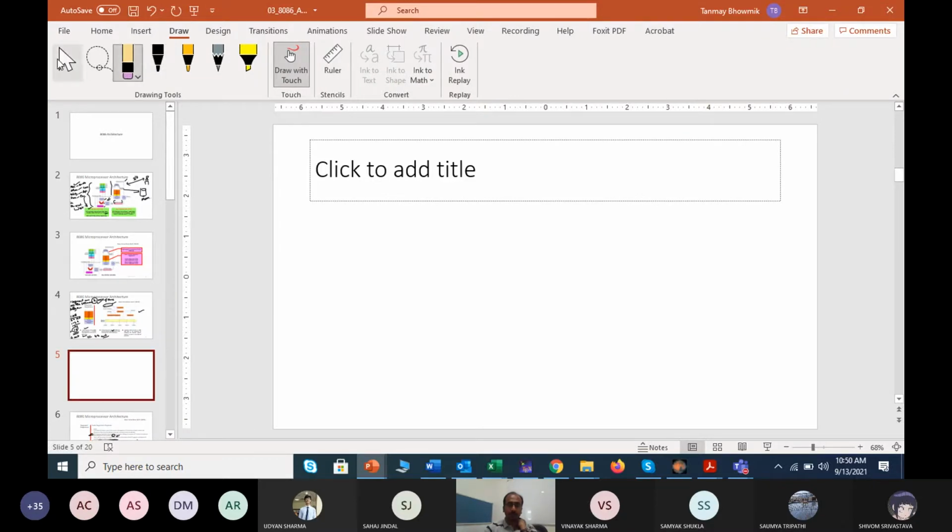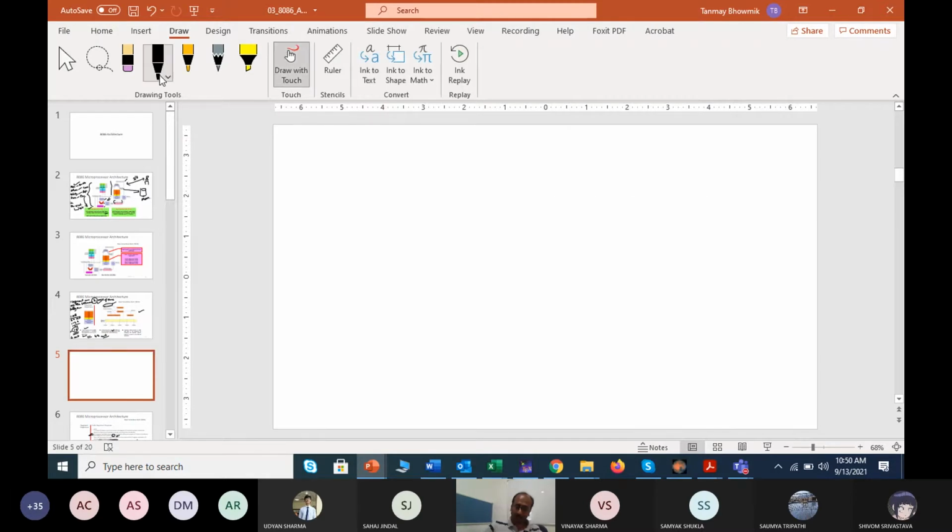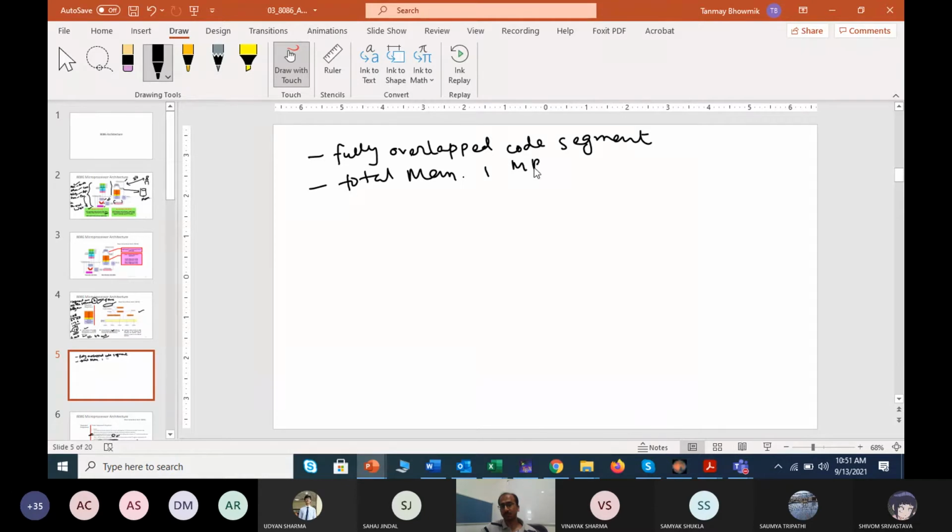So here, my question: first point, you are using fully overlapped code segments, right? This condition has been given. You have been given the total memory space, that is 1 megabyte. You have also been given that your one segment size can be maximum 64 kilobyte.